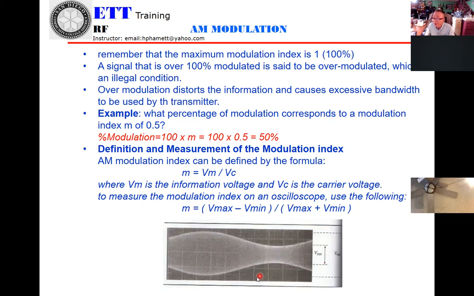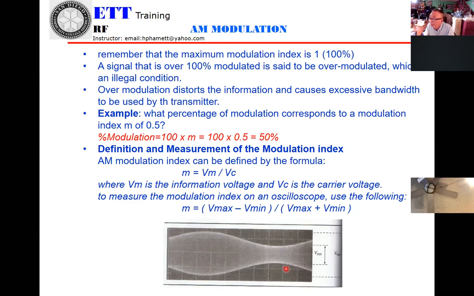To do it, you have to count from the bottom to the top how many divisions. Like I can say 1, 2, a half, that means 3 divisions for the V max. And depending on the scope setup, how many volts per division, that's how you get V maximum.